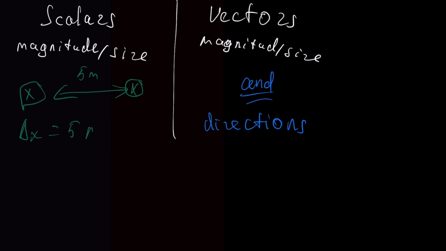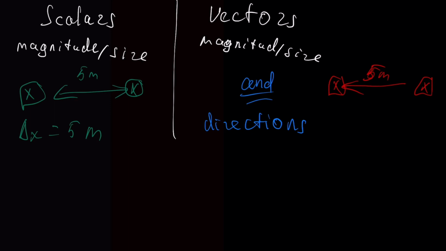So the distance between them in scalars would be 5 meters, but in vectors we might need an extra information. Okay, let's just say X is moving to the left 5 meters, right?